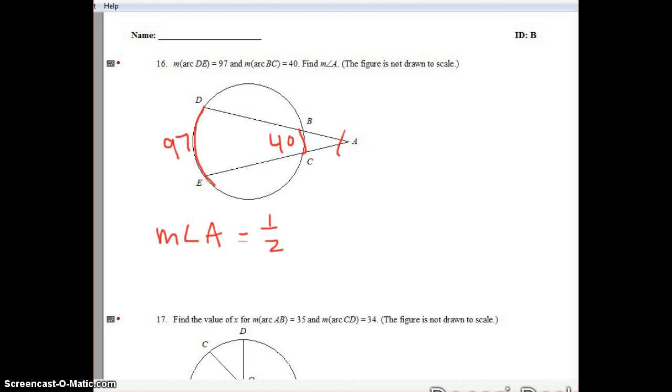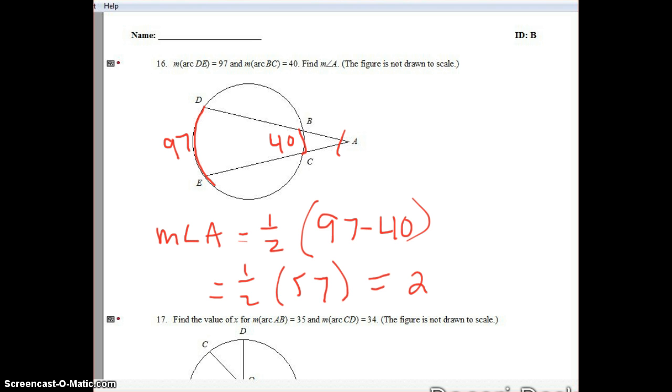When it's on the outside of the circle, it's the difference of the arcs that are created by the angle. So 97 minus 40 is 57, and half of that would be 28.5, I believe, degrees.